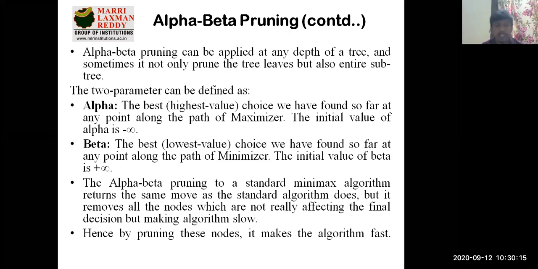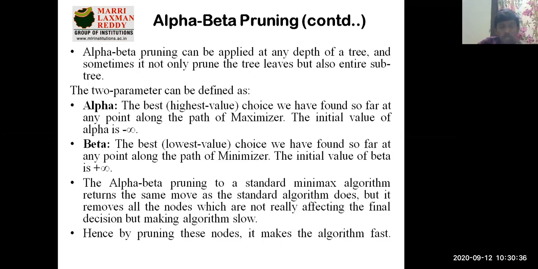In your examinations, you need to explain these two concepts clearly: what alpha is and what its conditions are, and what beta is and what values you assign to beta.